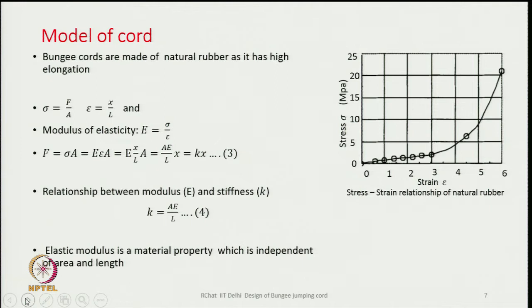Now, the stress strain diagram of a natural rubber is shown on the right hand side. Strain versus stress diagram is shown. So, you see the natural rubber has a breaking strain of almost 6, that means it can extend 600%, that is the stretchability.